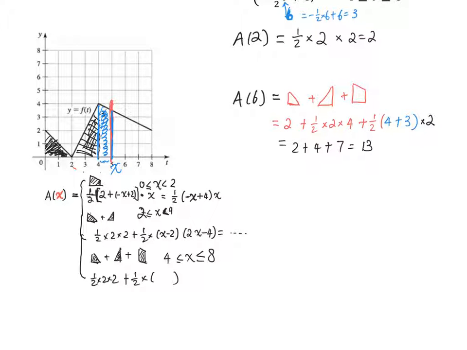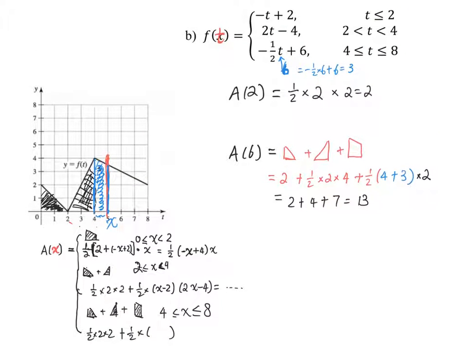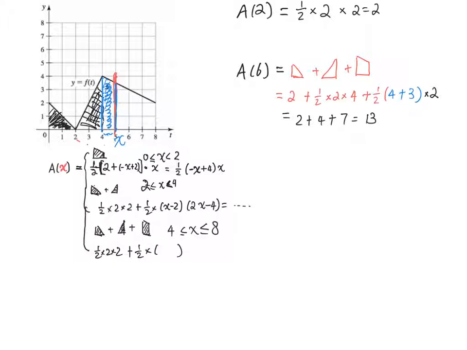So how do I know the height is 4? Because I can use this second piece when t is 4. 2 times 4 is 8. 8 minus 4 is 4. So the height is 4 for this particular function. Therefore, the base is 2, like we said. The base is 2. The height is 4, right?